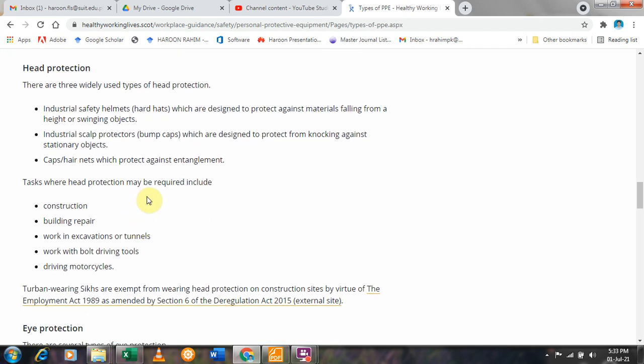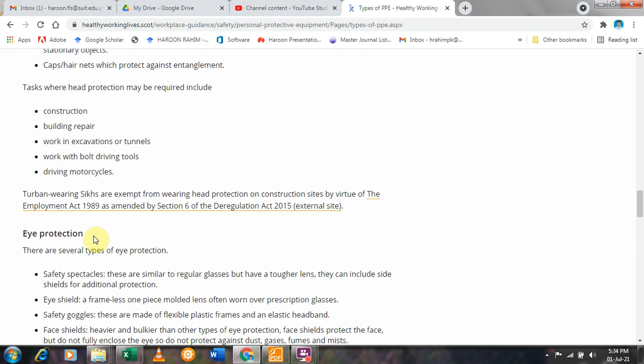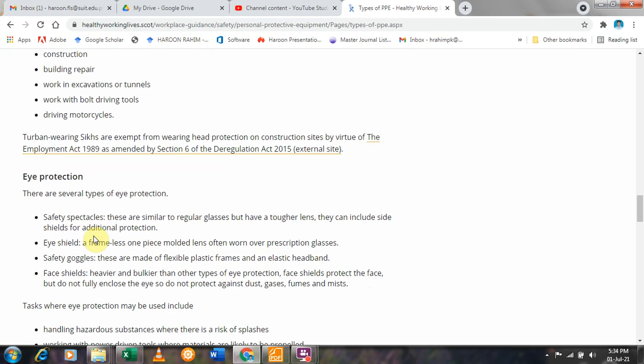Tasks where head protection may be required include construction, building repair. Apart from the pharmaceutical industry, these protection devices may be used. Eye protection. There are several types of eye protection. Safety spectacles are similar to regular glasses but have a tougher lens. They can include side shields for additional protection.